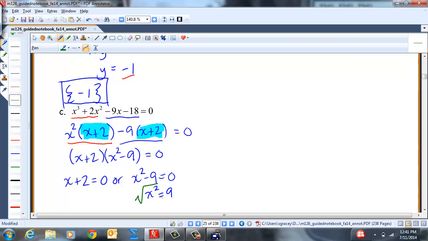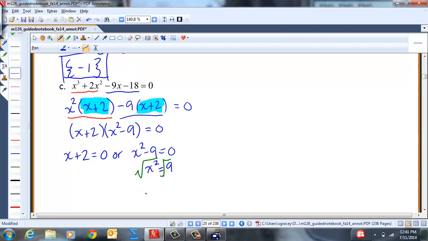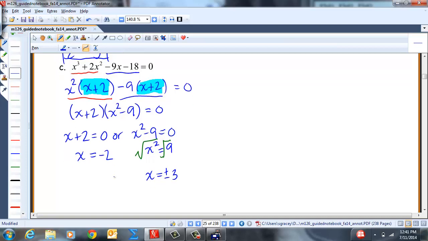And if we square root both sides, we will get x is plus or minus 3 by the square root property. And over here, if we subtract 2 from both sides, we'll get x is negative 2. So our solutions that we found were negative 3, negative 2, and positive 3.